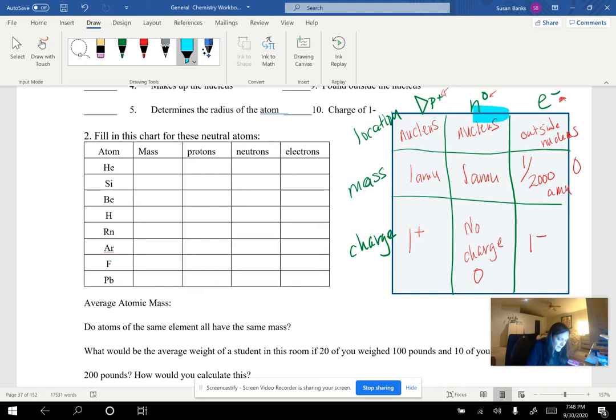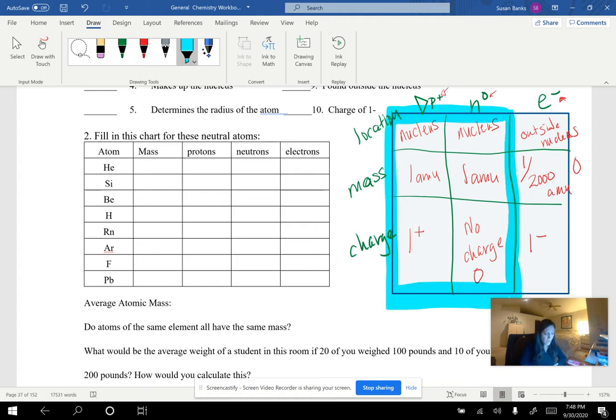Notice that the particles that have mass are both in the nucleus. And all the charges in the nucleus, positive and 0, are going to also add up to a net positive charge. So we have all the positives in the nucleus, all the mass in the nucleus.